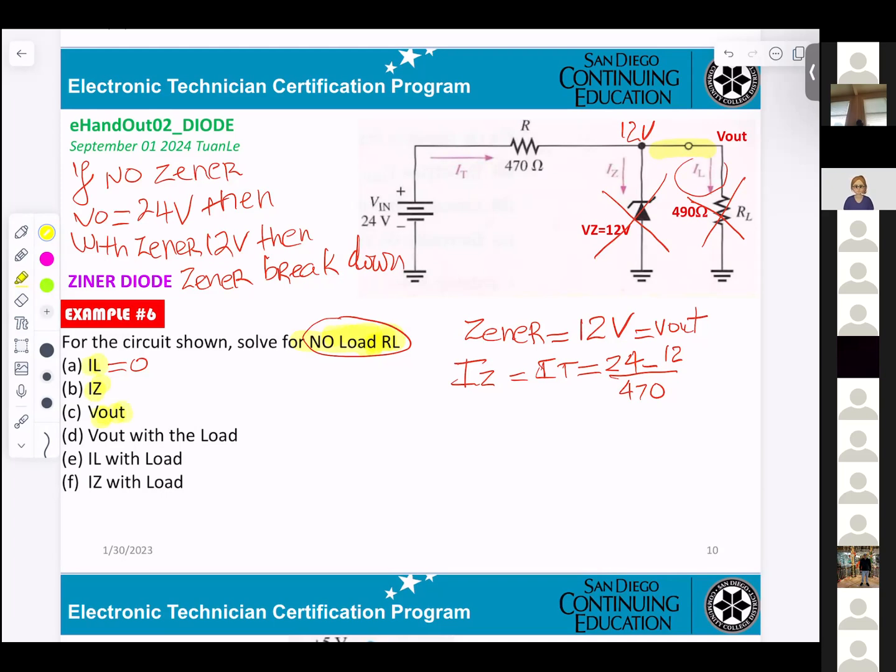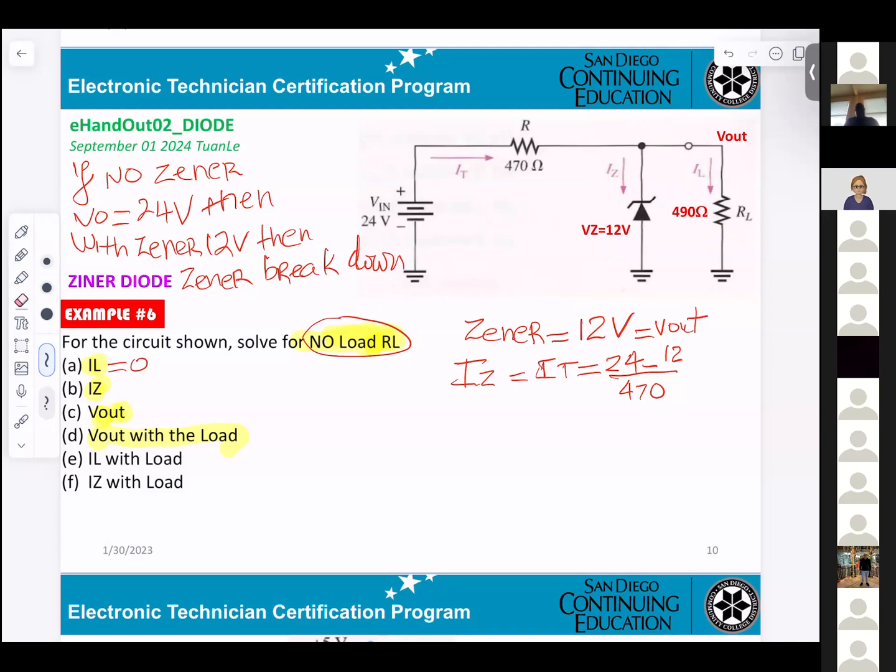Now, with the load, same thing. Okay, now tell me, now you get the load, the new circuit.